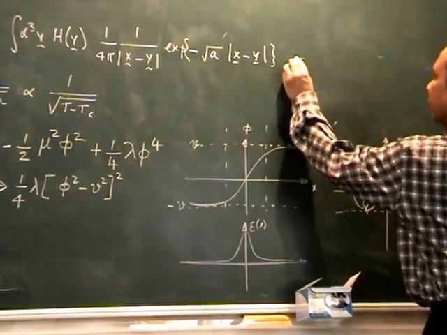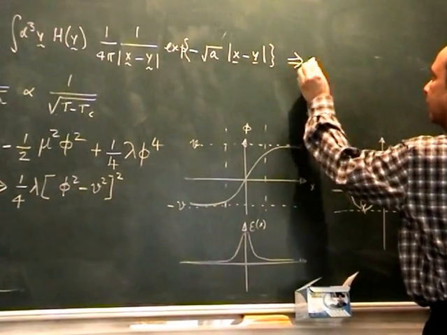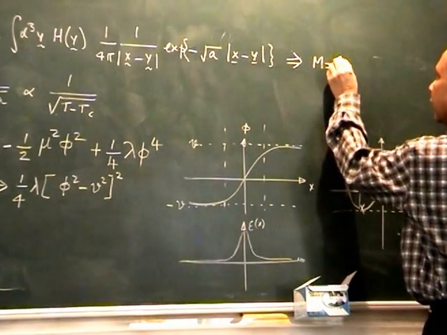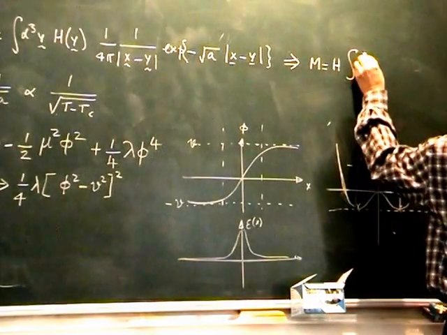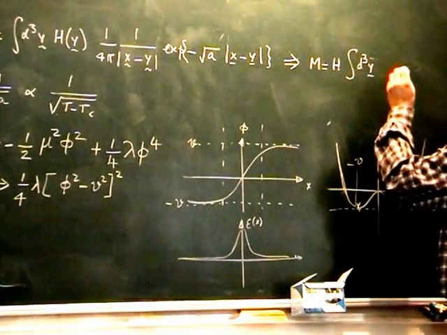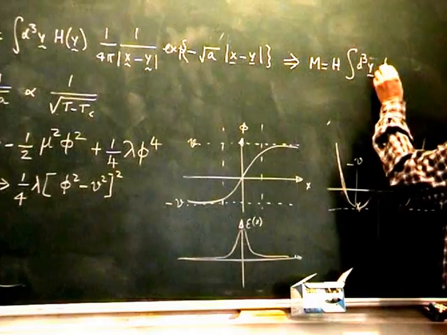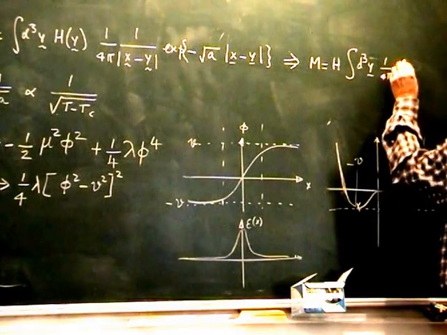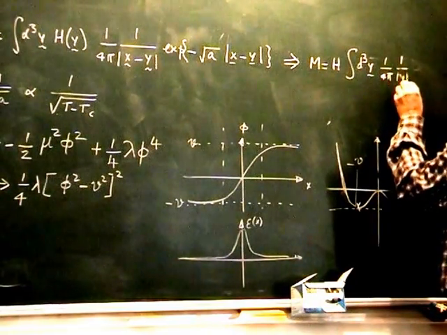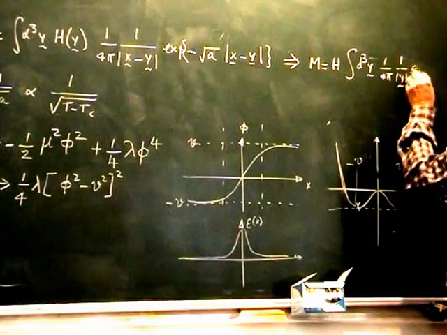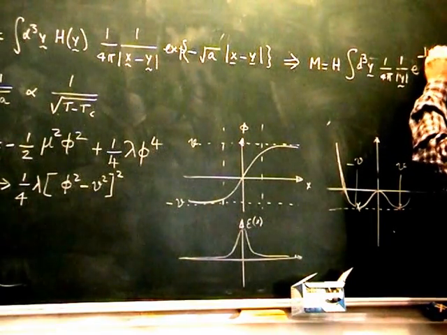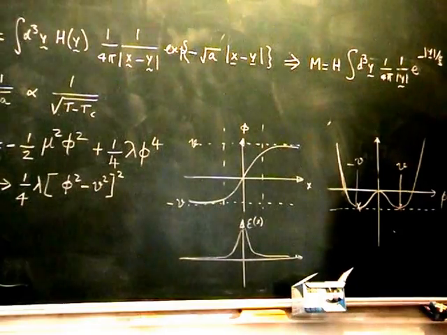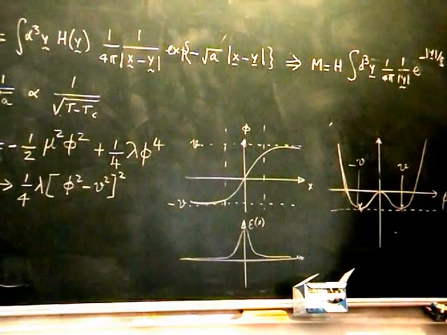For a constant H, what I will get is capital M equal to capital H times the integral over d3y, that variable can be shifted, of 1 upon 4 pi, 1 upon modulus of y, e to the minus y by the correlation length psi. Right? That is what I have.